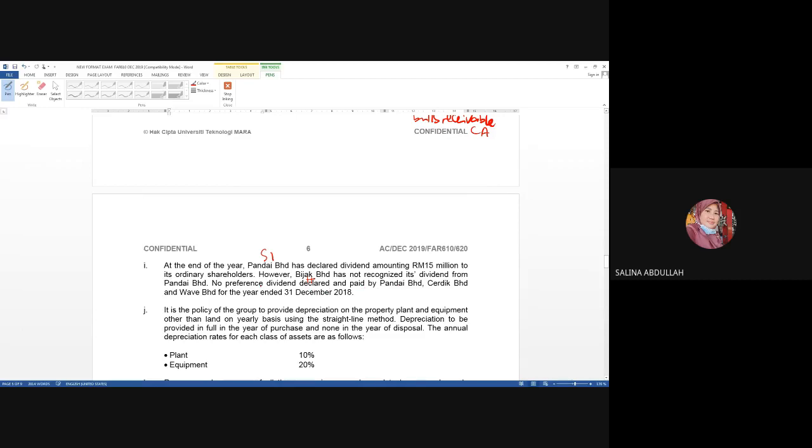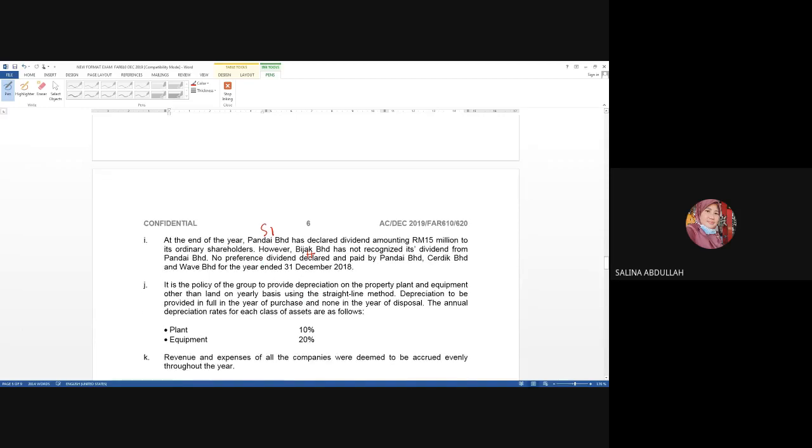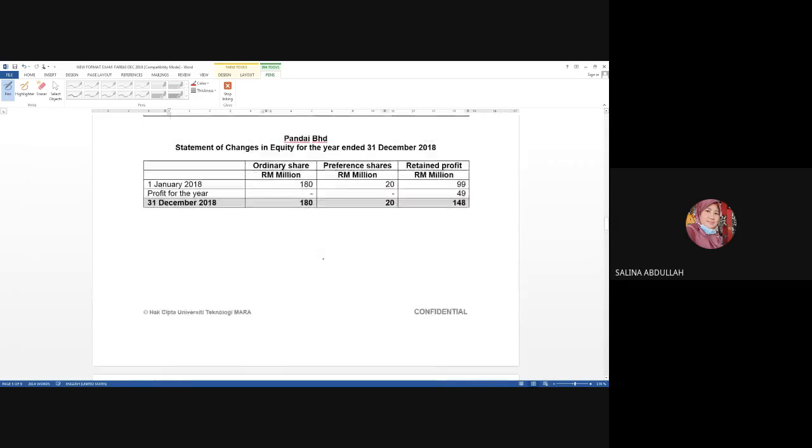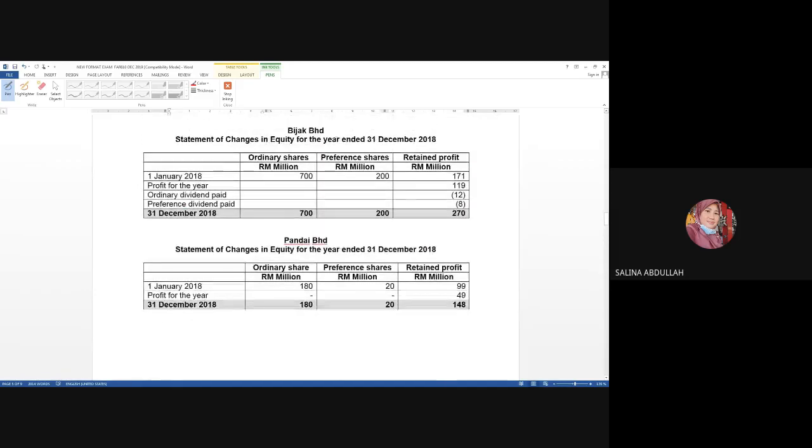Cerdik and Wave. When we discuss dividend, one thing you must always remember is that sometimes dividend appears in SOCE, the statement of changes in equity. In this question, in Bijak, the holding, holding already recorded this ordinary dividend paid and preference dividend paid.